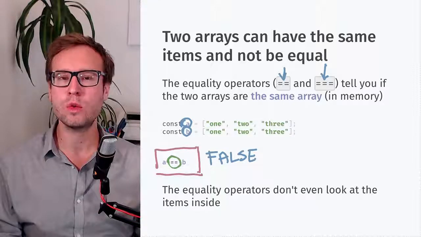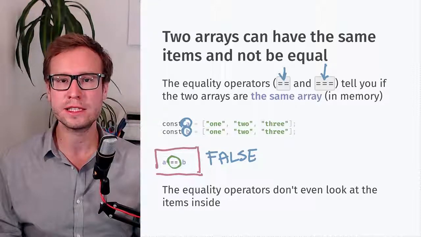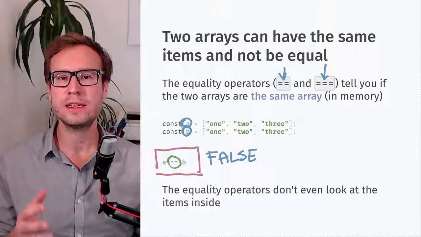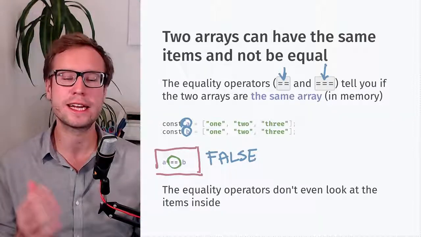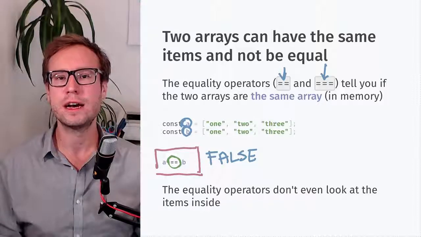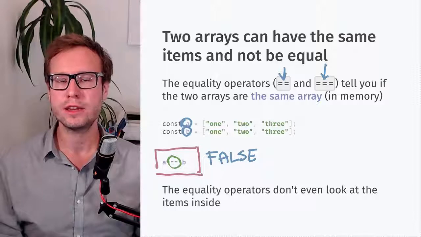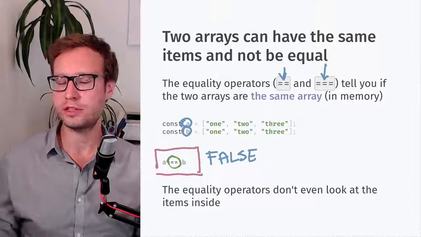They don't care what you have in your arrays. They just ask the question, am I looking at the same array? So if you take that into account, then that explains this behavior. That explains why we get false instead of true when we use the equality operator on these two.